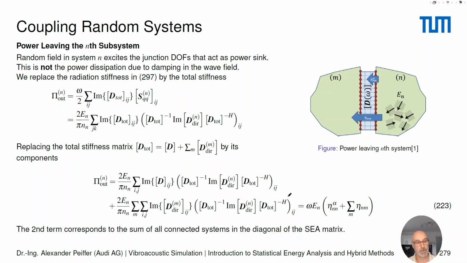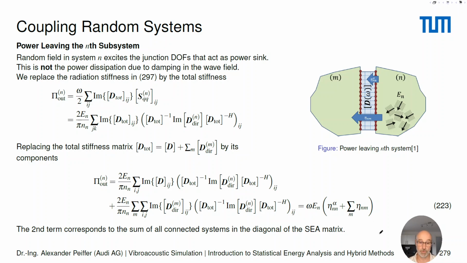If we reformulate that, the power that is leaving this subsystem is all the coupling loss factors which describe the leaving of the subsystem, like in our classical SEA matrix, plus an extra term, which is this one. And this extra term is related to the losses into the connected junctions.